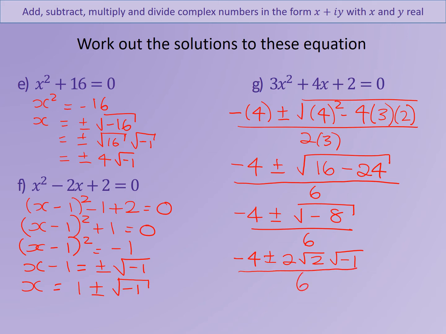And then I can start to simplify here. So there's a factor of 2 in 4, 2 and 6. So this will simplify to minus 2 plus or minus the square root of 2 multiplied by the square root of minus 1, all over 3.